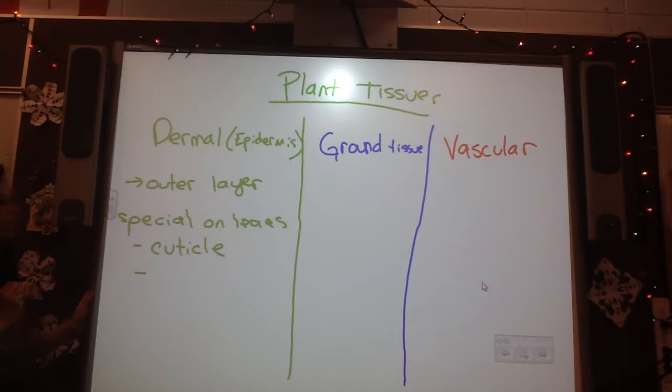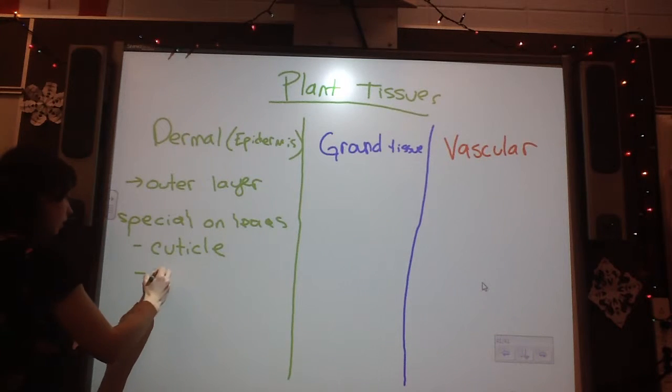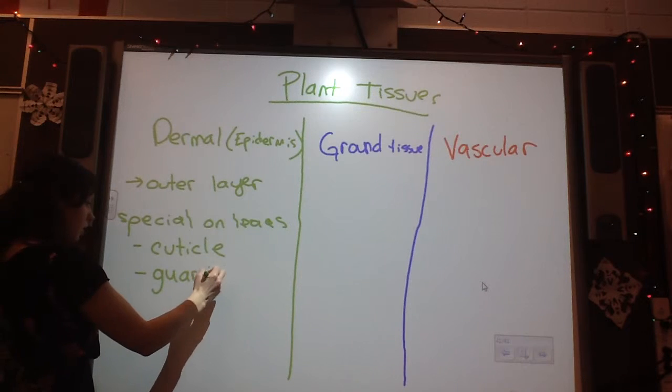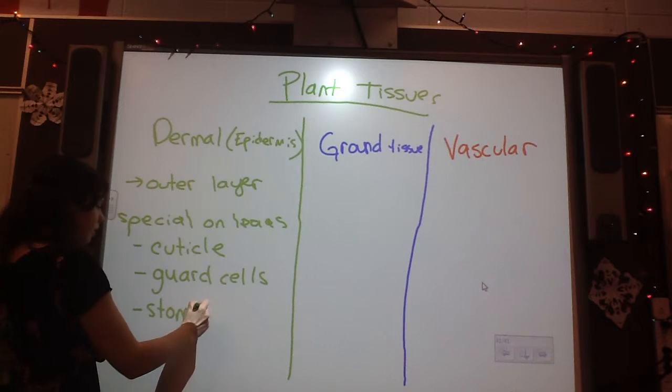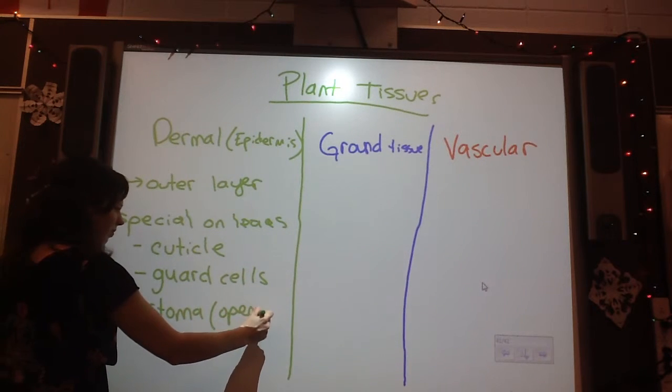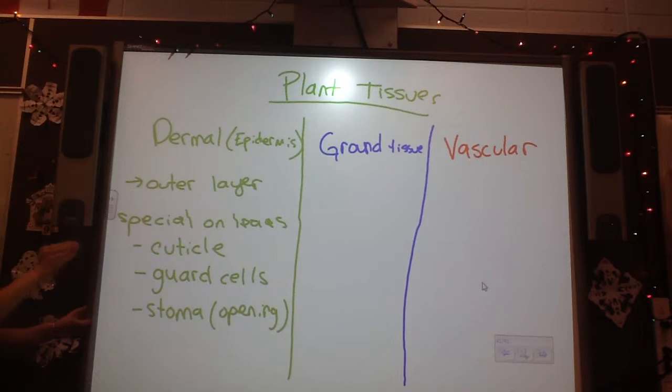What are some very special dermal cells that make an opening? Guard cells. They guard the stoma, right? And then the stoma is the opening. So these are special dermal cells that we only find on the leaves, okay? Because we need that opening for gas exchange for photosynthesis. We know photosynthesis happens in the leaves, so that's where the most chlorophyll is.